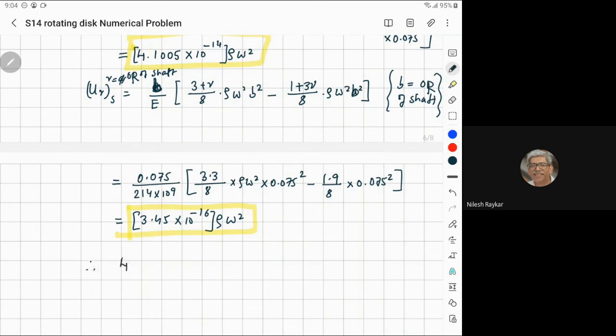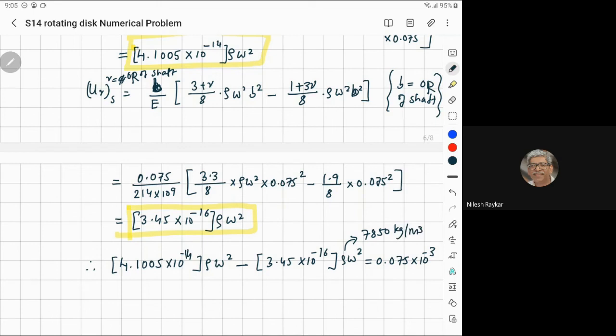Therefore we have 4.1005 into 10 to power minus 14 multiplied by rho omega square minus 3.45 into 10 to power minus 16 into rho omega square equal to 0.075 into 10 to power minus 3, and here we'll substitute rho equal to 7850 kg per meter cube, which is given in the problem.